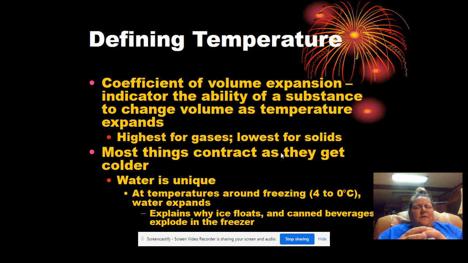It's an indicator of the ability of a substance to change volume. It would make sense that since gases aren't held down, they can expand the most because their particles are just roaming free. So gases are going to have a much larger coefficient of volume expansion than solids.